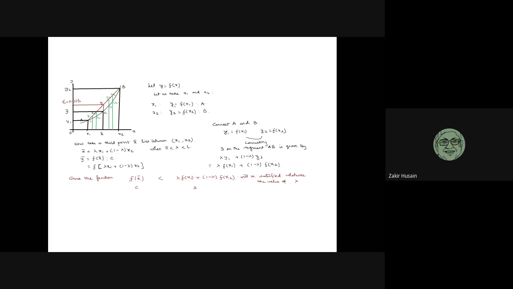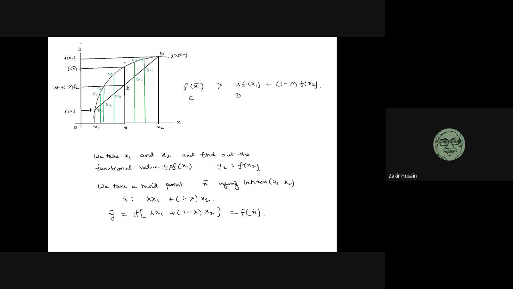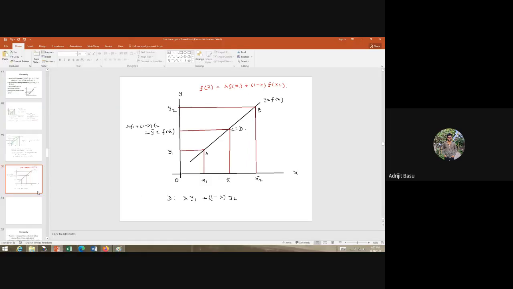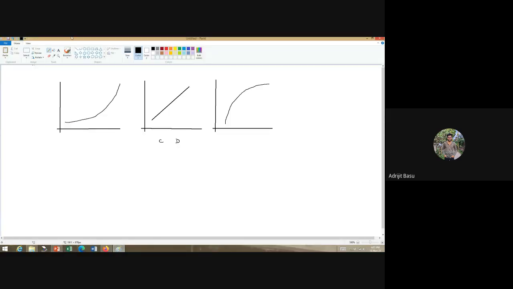C is less than D. Over here C is greater than D, and here C is equal to D. So over here C is equal to D, here C is less than D, and here C is greater than D.